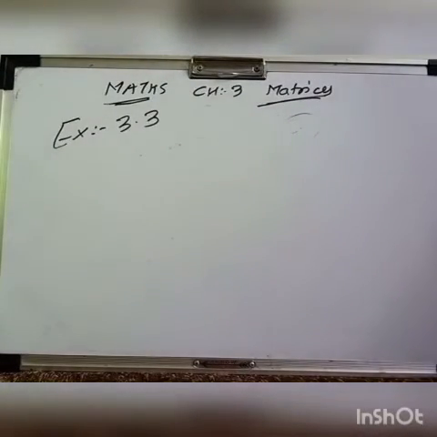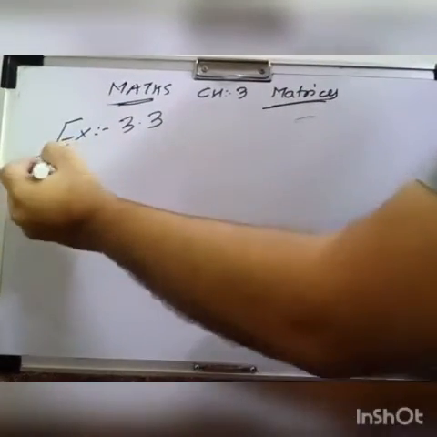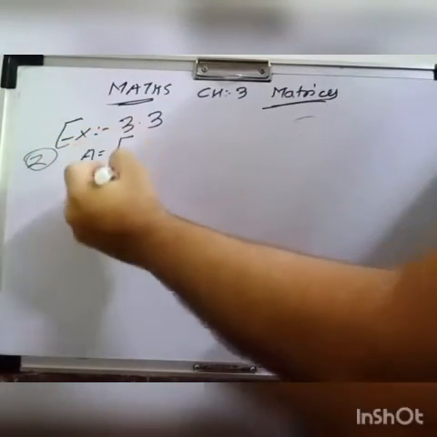Let's try to understand the second question, where we are given two matrices and we have to prove the result that (A plus B) whole transpose is equal to A transpose plus B transpose. So here I will note down the matrices given.